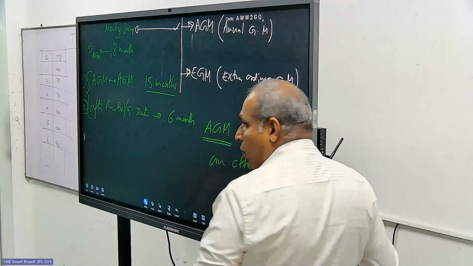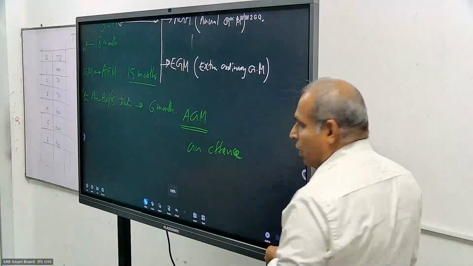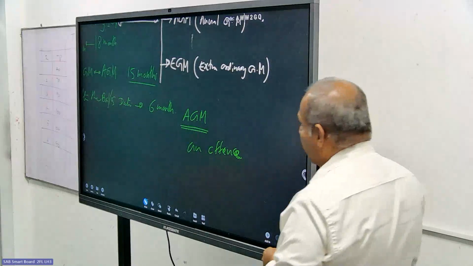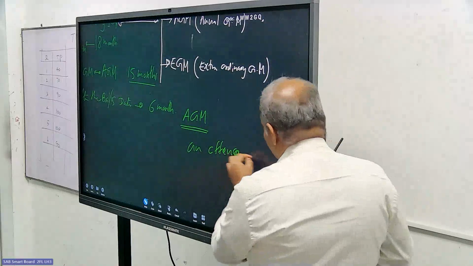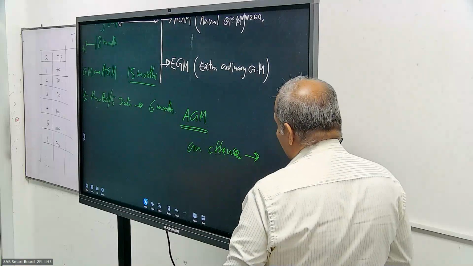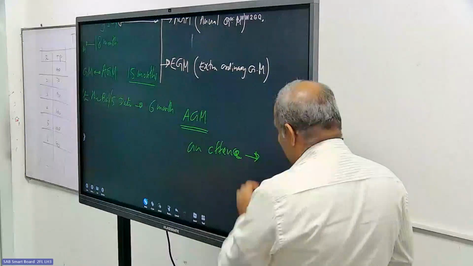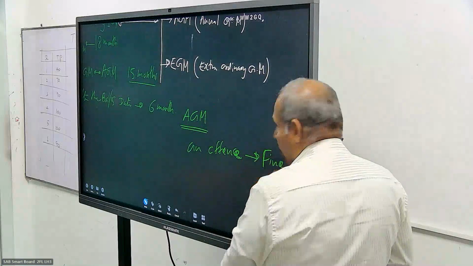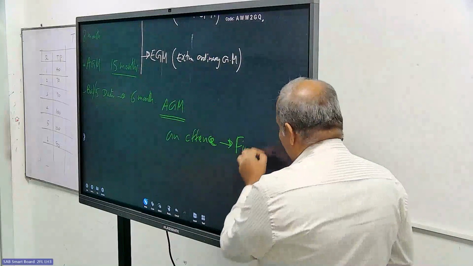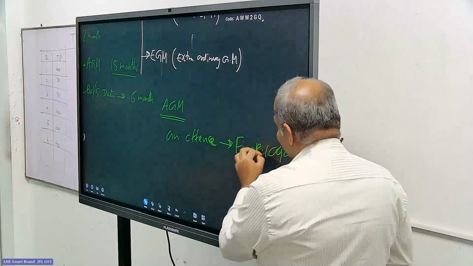Then on conviction, the company is responsible to pay a fine not exceeding 100,000 rupees. That's the punishment given to the company.